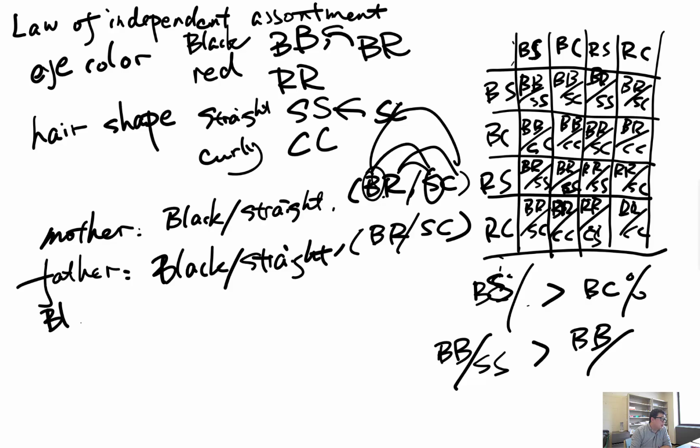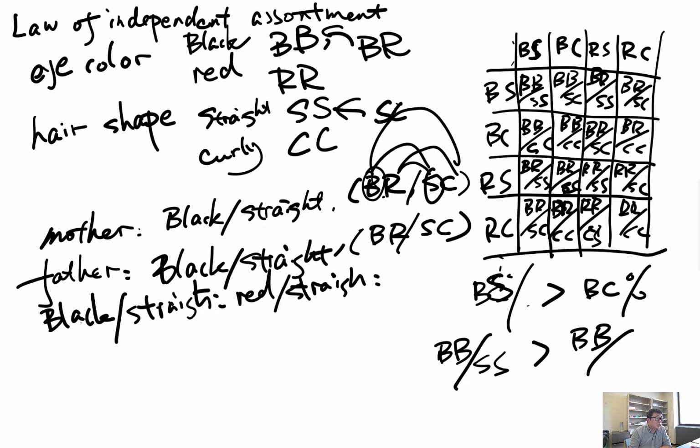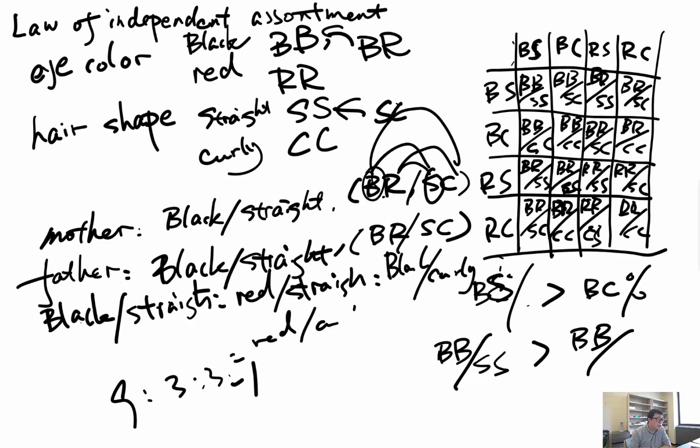Eventually the black straight versus red straight versus black curly versus red curly should be 9:3:3:1, and this still exists.